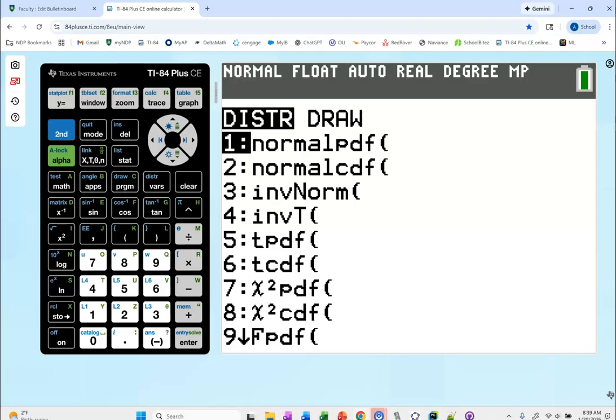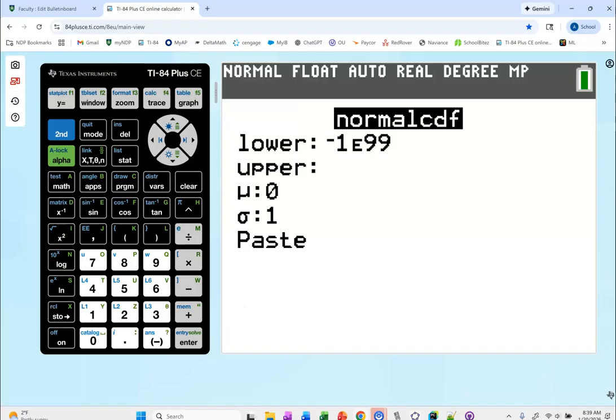Correct, if it's an inequality. Which one did we have? We had a CDF, right? Okay. So my lower value was negative 0.58, excuse me.